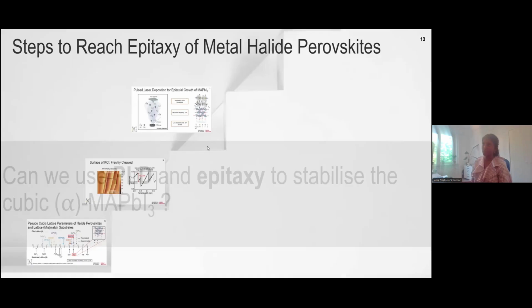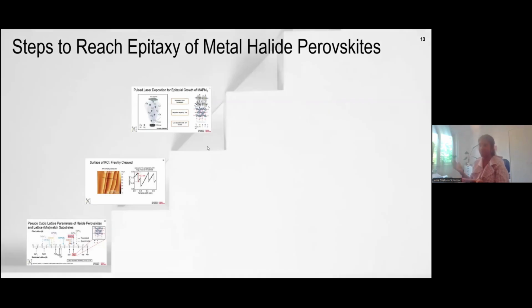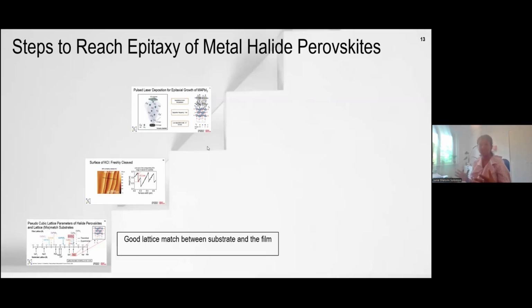So since we wanted to reach epitaxy for metal halide perovskites, there were several parameters that we had to consider. First being a good lattice match between the substrate and the film. Since your substrate acts as the registry for your film to grow, it is important to have a good lattice match.